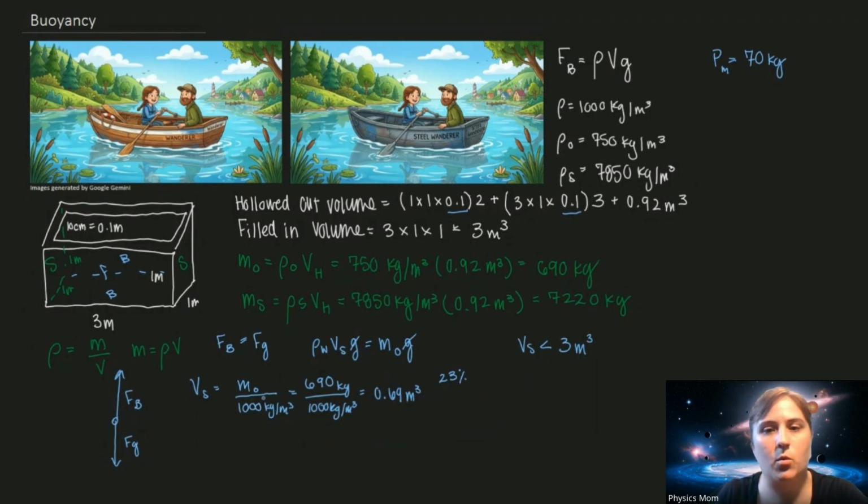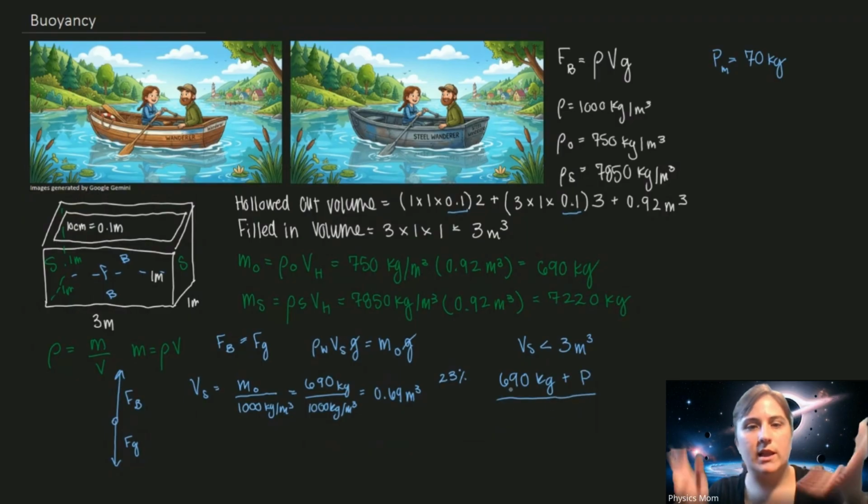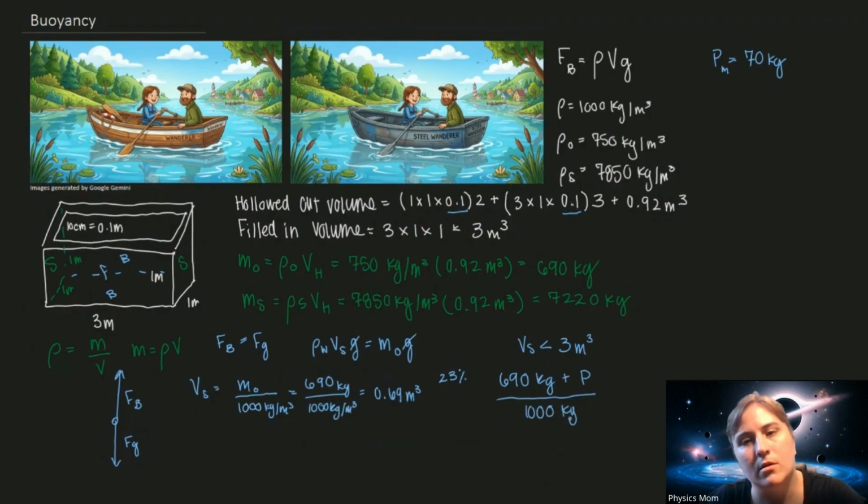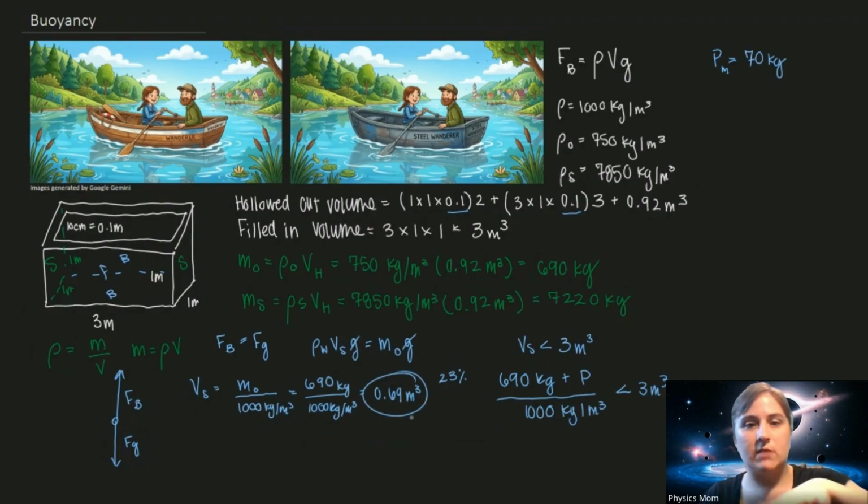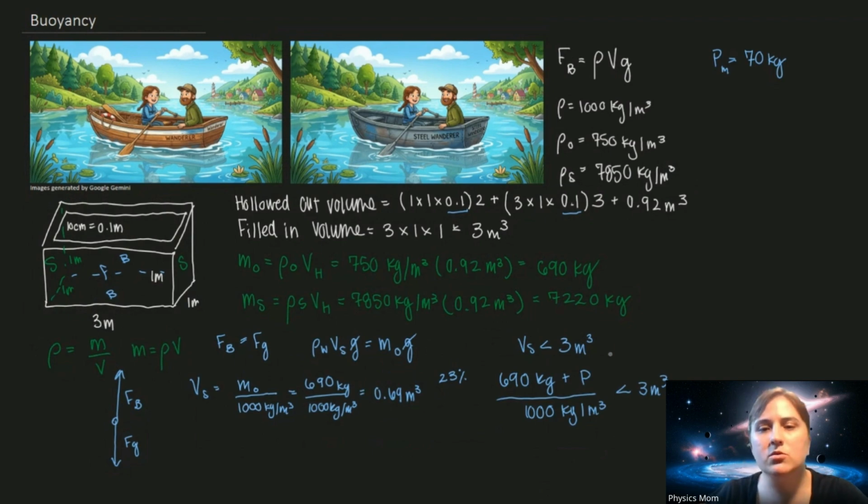I can say, well, my submerged volume, if it has to be less than 3 meters cubed, this is going to just be an inequality, has to be the mass of the oak wood boat, which we know is 690 kilograms, plus the mass of our passengers, we'll call P. We'll call it their collective mass, which we'll calculate in a second, divided by the density of the water. And this better be less than 3 meters cubed. We already know the mass of the boat itself just comes out to 0.69. So we should probably think we have some wiggle room here, which we do.